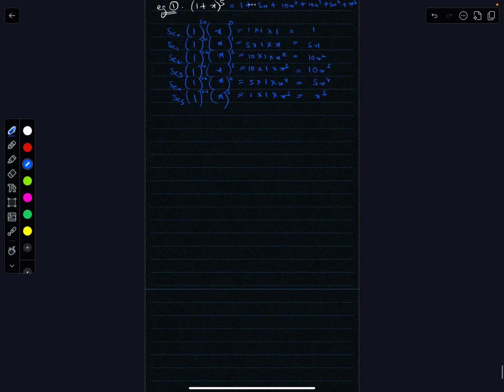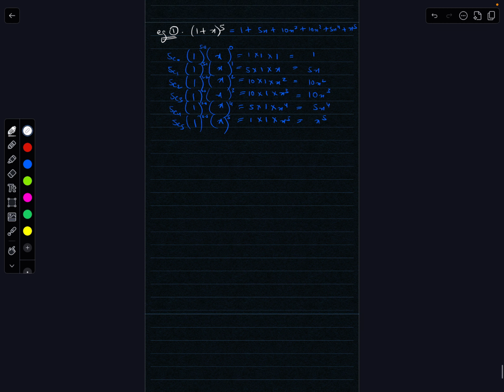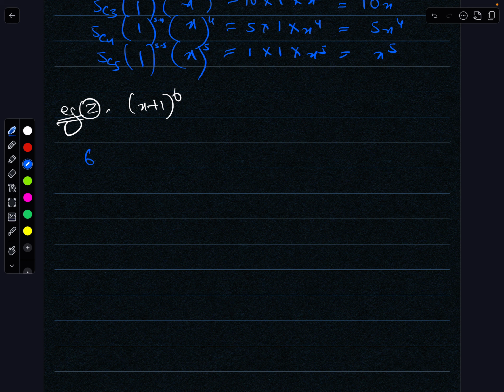Now we'll take one more example. Let's take something where x is in the first place. How about I take (x + 1) to the power 6. So in this case, first of all, let's write 6C0, 6C1, 6C2, 6C3, 6C4, 6C5, 6C6. Make brackets. x will go here, so x, x, x, x, x, x.